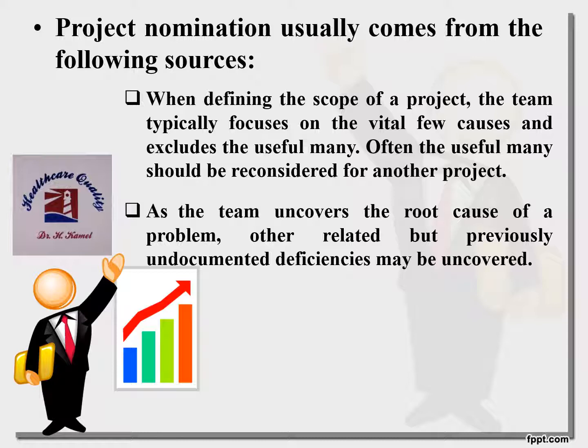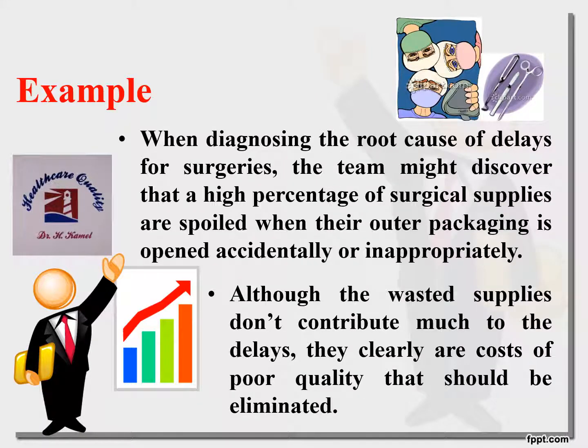As the team uncovers the root causes of a problem, other related but previously undocumented deficiencies may be uncovered. Example: when diagnosing the root cause of delays for surgeries, the team might discover that a high percentage of surgical supplies are spoiled when their outer packaging is opened accidentally or inappropriately.